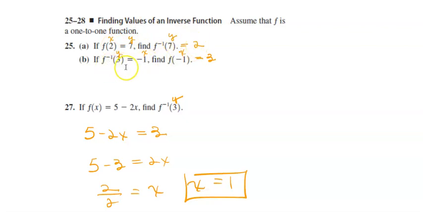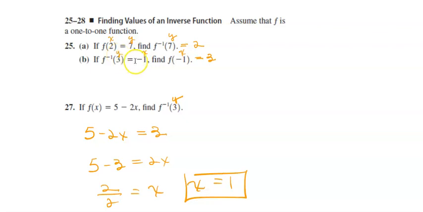Same thing here. When you're comparing inverses and the original function, the function notation is followed by the x. That's going to always equal a y. Okay, look back at this inverse notation. The inverse notation is always followed by the y from the original function. It's the inverse, you flip x and y.